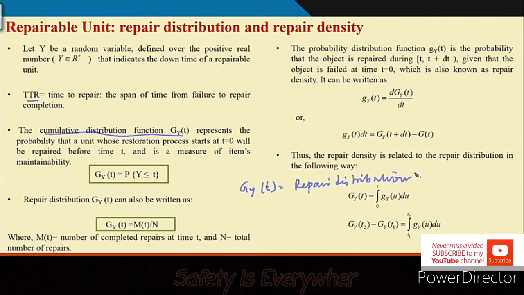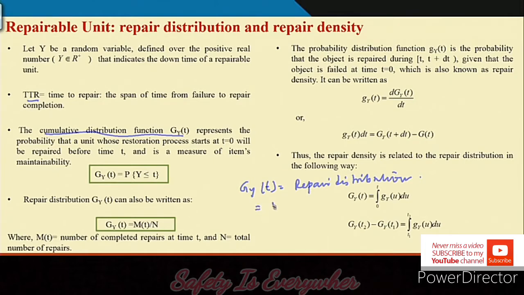What it represents is the probability that a unit whose restoration process starts at t equal to 0 will be repaired before time t. Okay, so, that means this is probability Y, the time to repair, less than or equal to t.